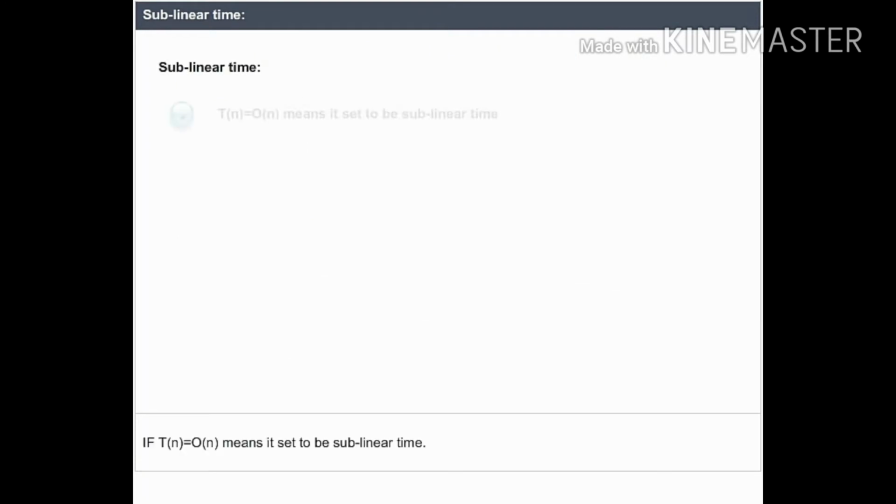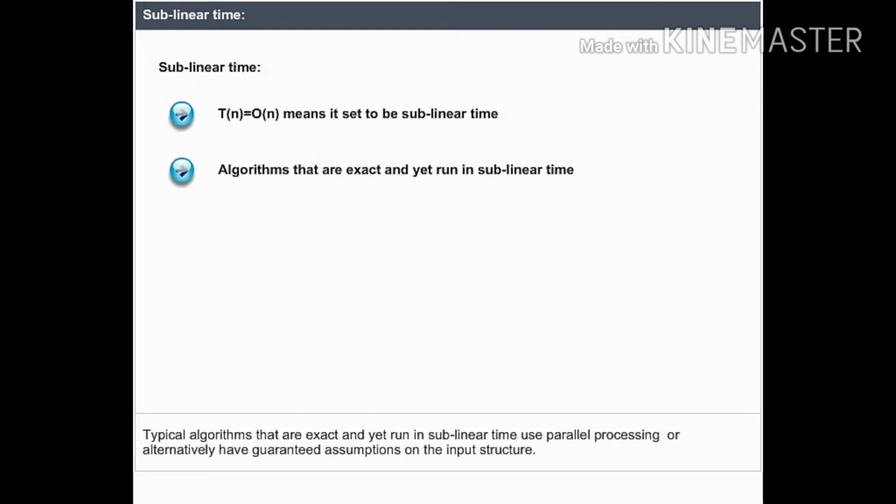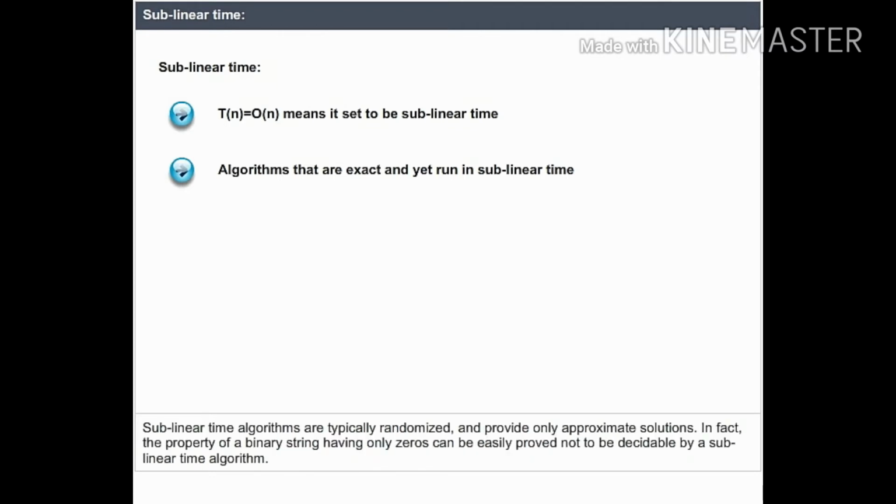Sublinear time. If T(n) equals o(n), it is said to be sublinear time. Typical algorithms that are exact and yet run in sublinear time use parallel processing or alternatively have guaranteed assumptions on the input structure.